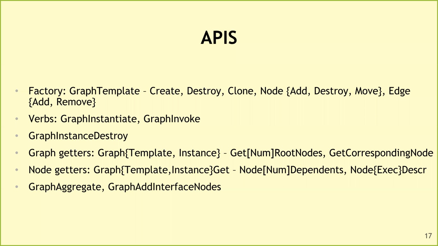We have APIs for these to essentially create, destroy, or clone graphs, or to work on nodes to add them or destroy them or move them from one graph to another, to add or remove edges.